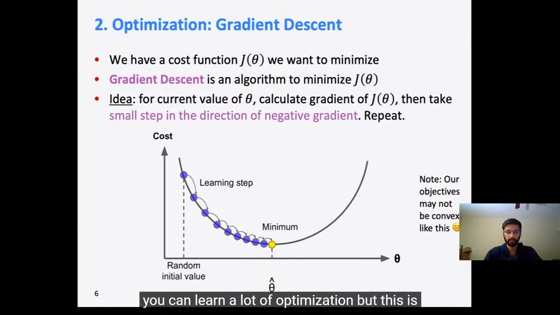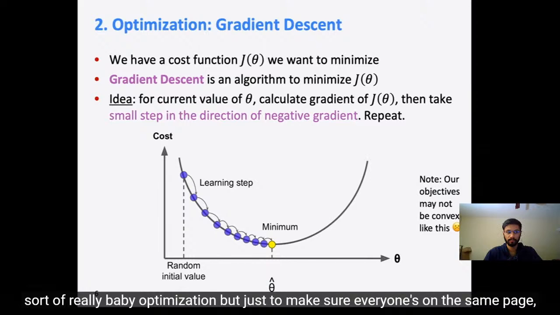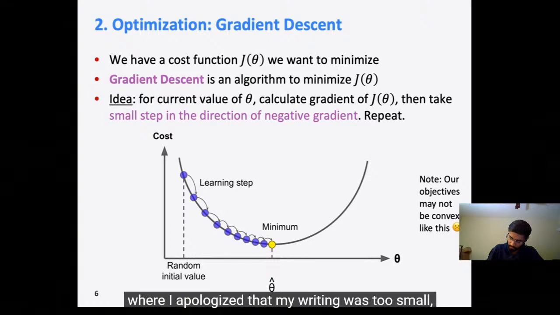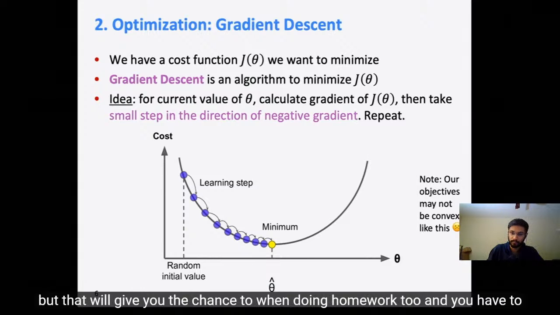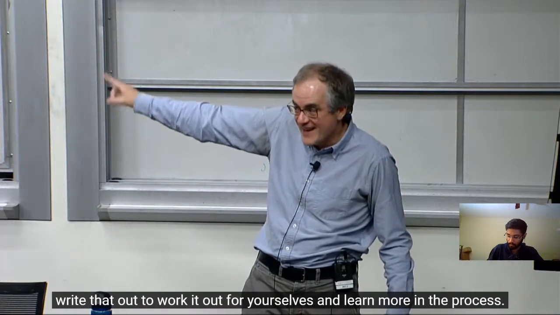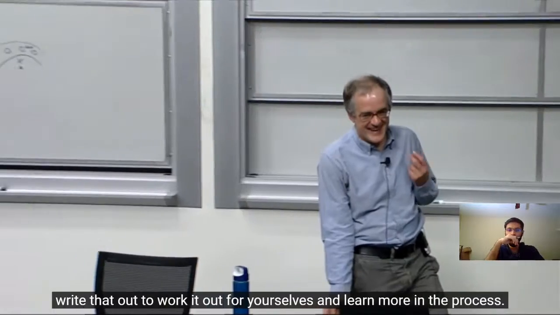But this is really baby optimization, just to make sure everyone's on the same page, here are 3 slides. So what we did at the end, what we did over there, where I apologize that my writing was too small, will give you the chance, when doing homework 2 and you have to write that out, to work it out for yourselves and learn more in the process.